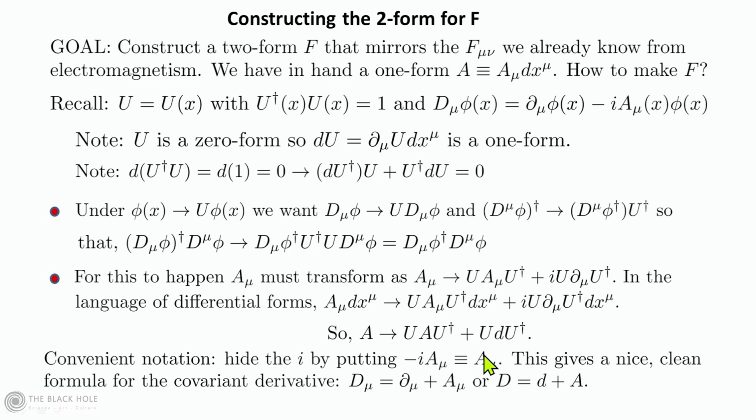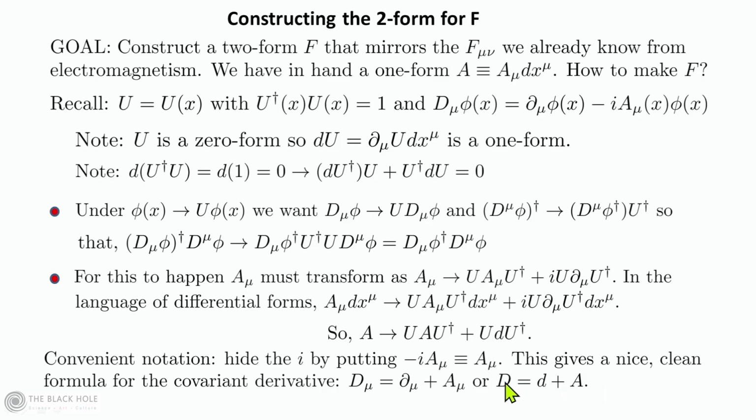And so that's very nice because instead of having i's floating all over the place, the covariant derivative is just D plus A. So this is now a one-form operator. D is an operator, remember, but it's a one-form operator.